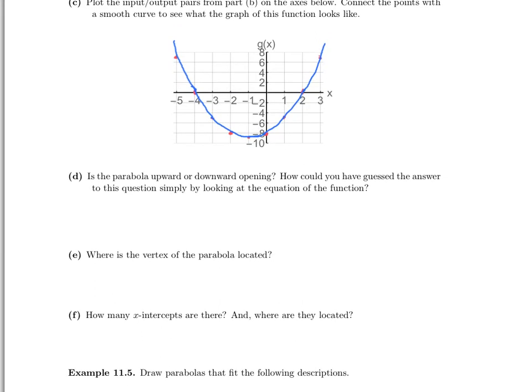All right, let's have a look at part D. Is the parabola opening upward or downward? And how could you have guessed the answer to this question simply by looking at the equation of the function? If we look at the graph of this function, clearly it is upward opening.